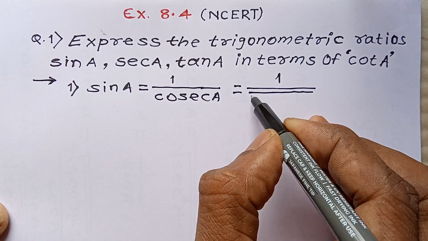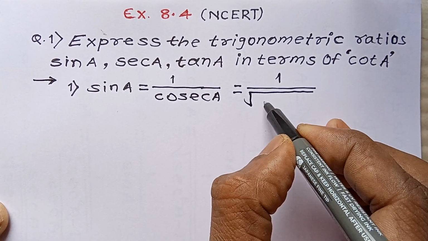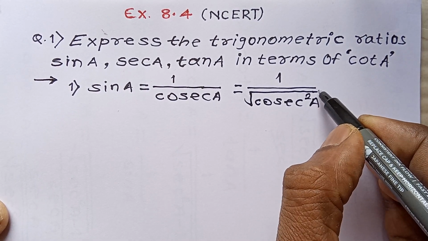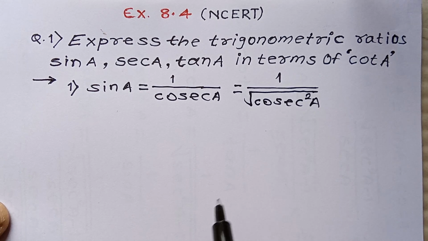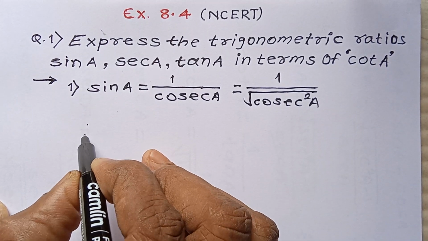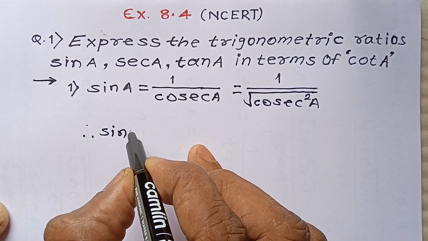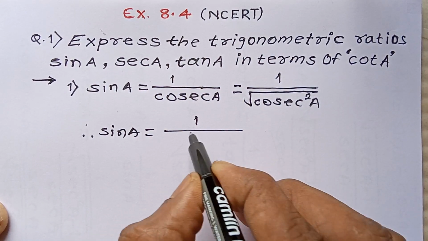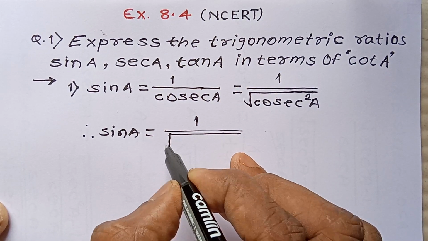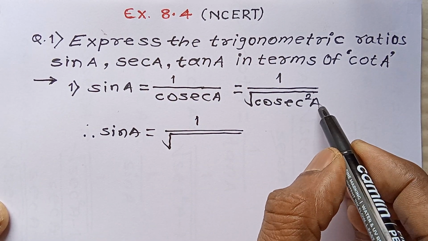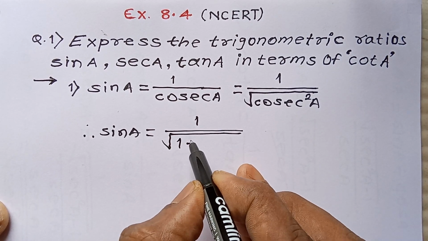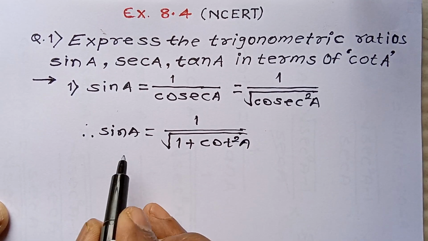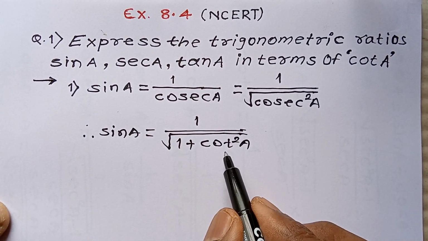Therefore we write here 1 upon square root of cosec square A, because we know the formula for cosec square A. Therefore we write sin A is equal to 1 upon square root of, we use here the identity for cosec square A, that is 1 plus cot square A. Means we convert this sin A in the form of cot A.